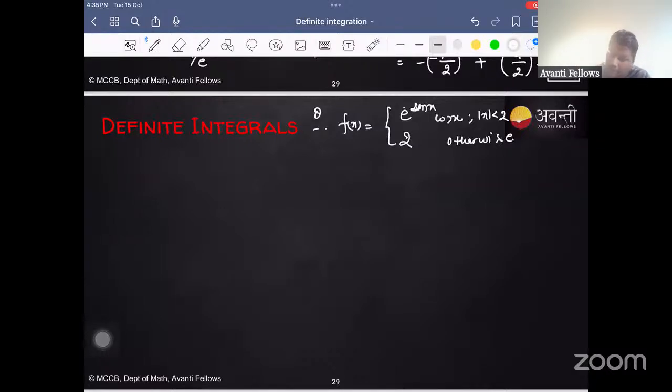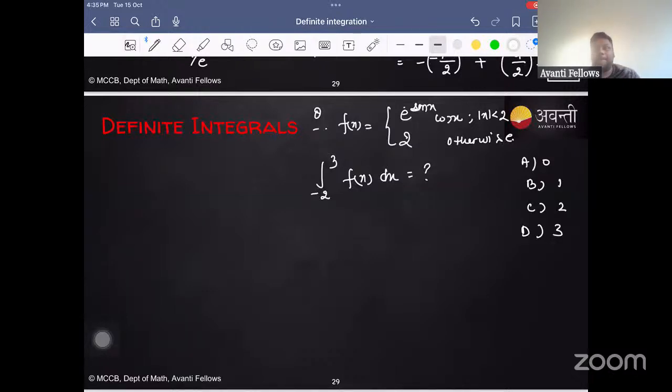Got it? Now they are asking you to find the value of the integral from minus 2 to 3 of f(x) dx. Options are A 0, B 1, C 2 and D 3.